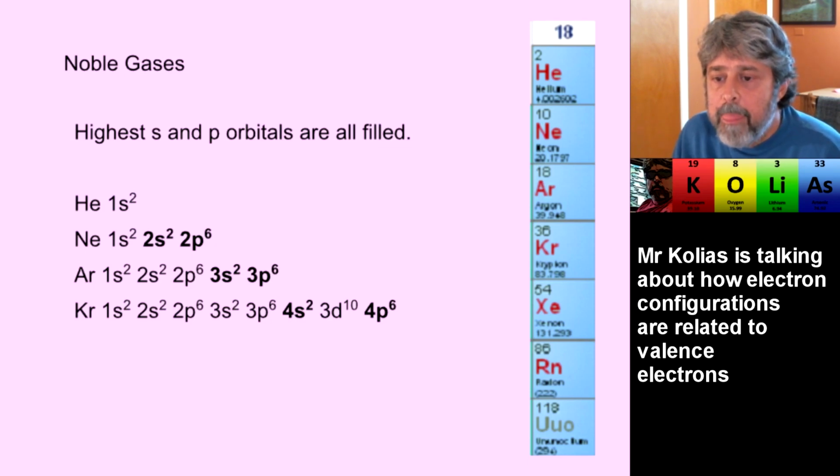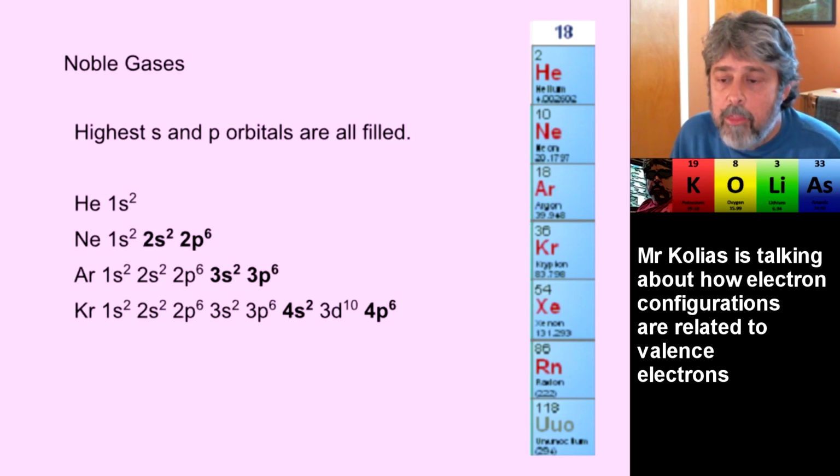So notice something about the group 18 elements. If you look at level 2 for neon, look at the electron configuration, 2s2, 2p6. Add up all the electrons in the highest level, level 2. 6 plus 2 is 8. There's 8 outer electrons. This is something all the noble gases share. Take a look at argon. What's the highest level there?